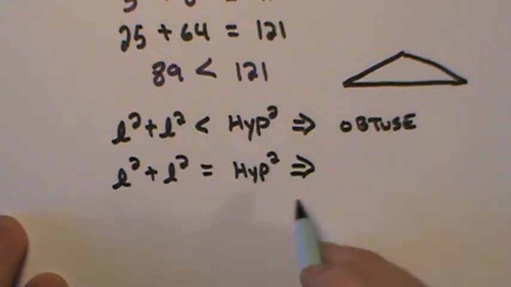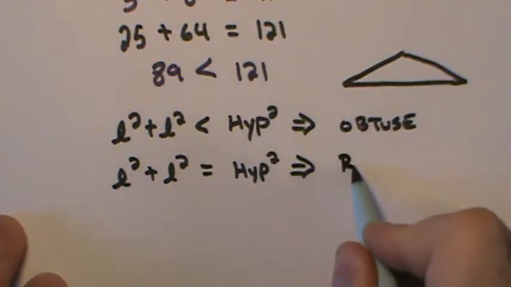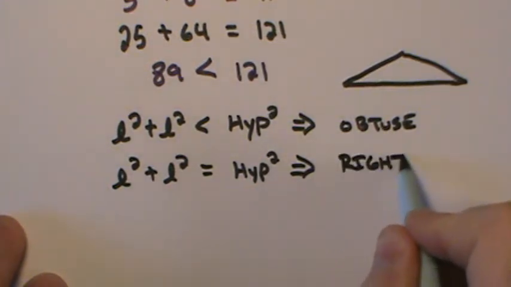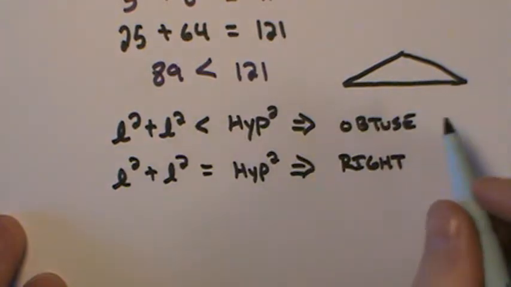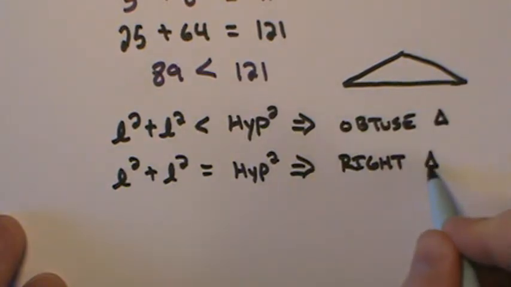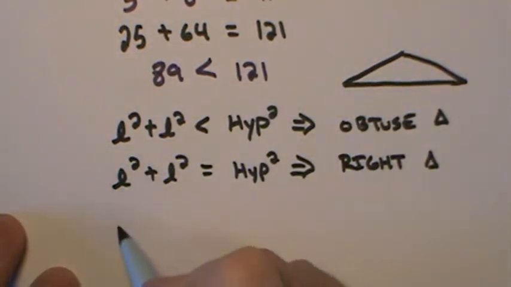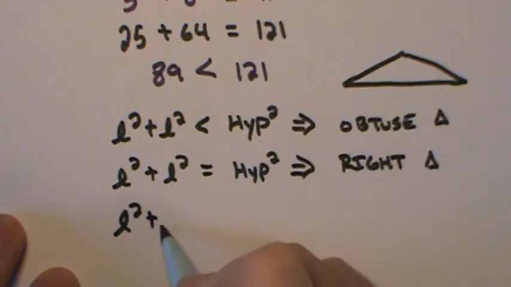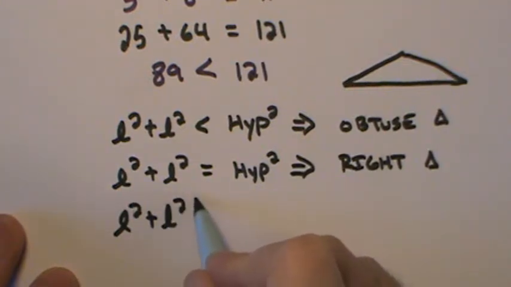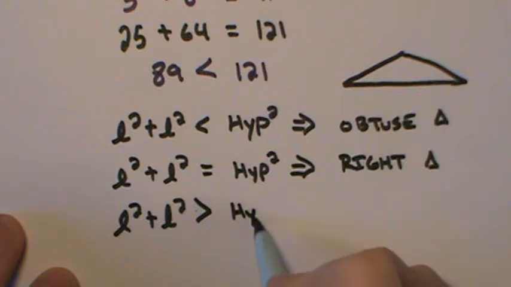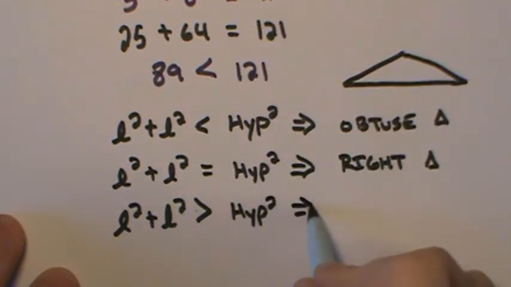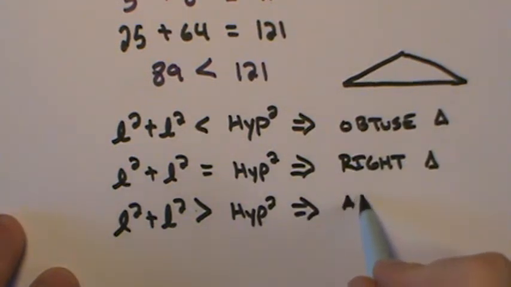That would be old hat, so we'd say, oh, that's got to be a right triangle because it's equal. It means it perfectly fits in there. And then you can probably guess, if you have leg squared plus leg squared being greater than the hypotenuse squared, that would mean that you have an acute triangle.